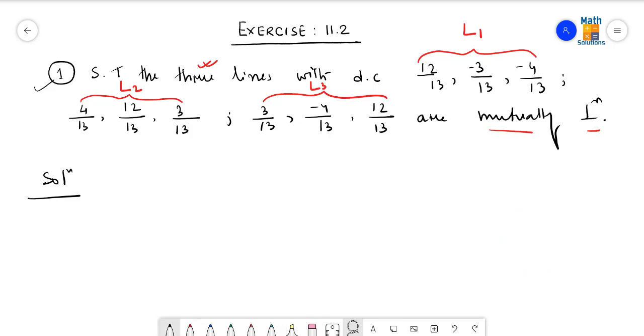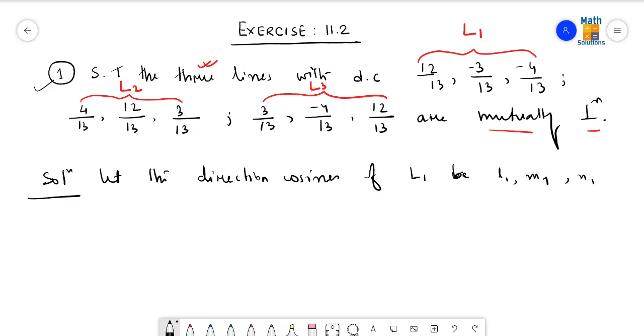Now coming to case 1, first we shall be writing, let the direction cosines of L1 be small l1, small m1, small n1.